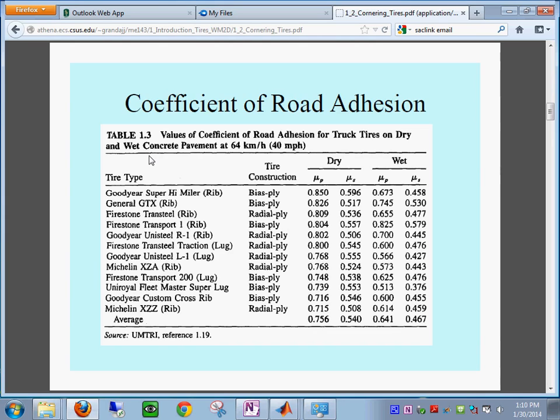I would say a rib is normally for a radial tire, but this is bias ply, so I really don't know exactly what it means. But this gives you an idea of what the numbers are.